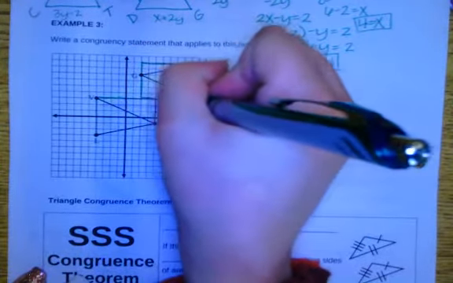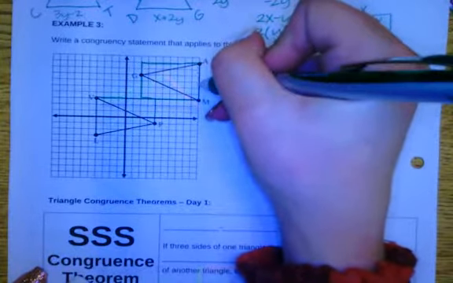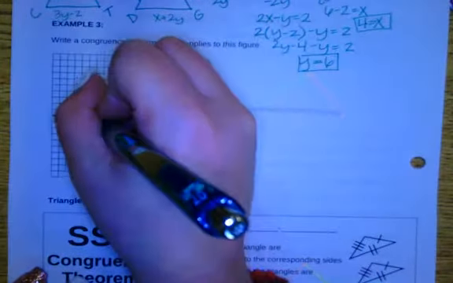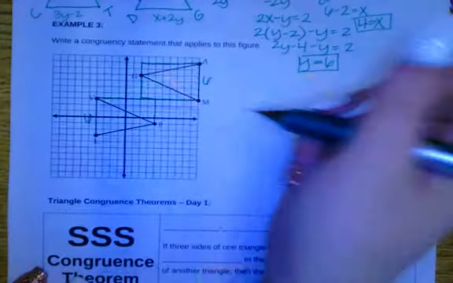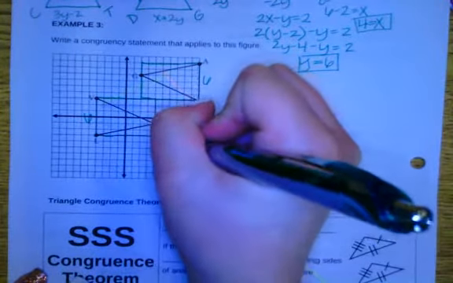You know that AM is what? 6, and so is BL. And I'm not going to find the exact, I'm just going to find the square root.